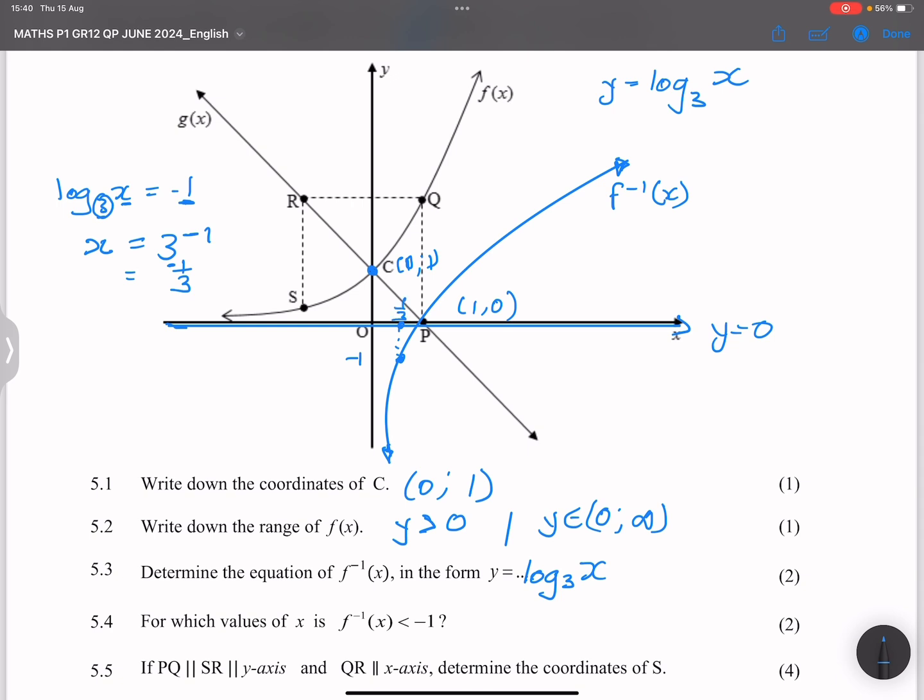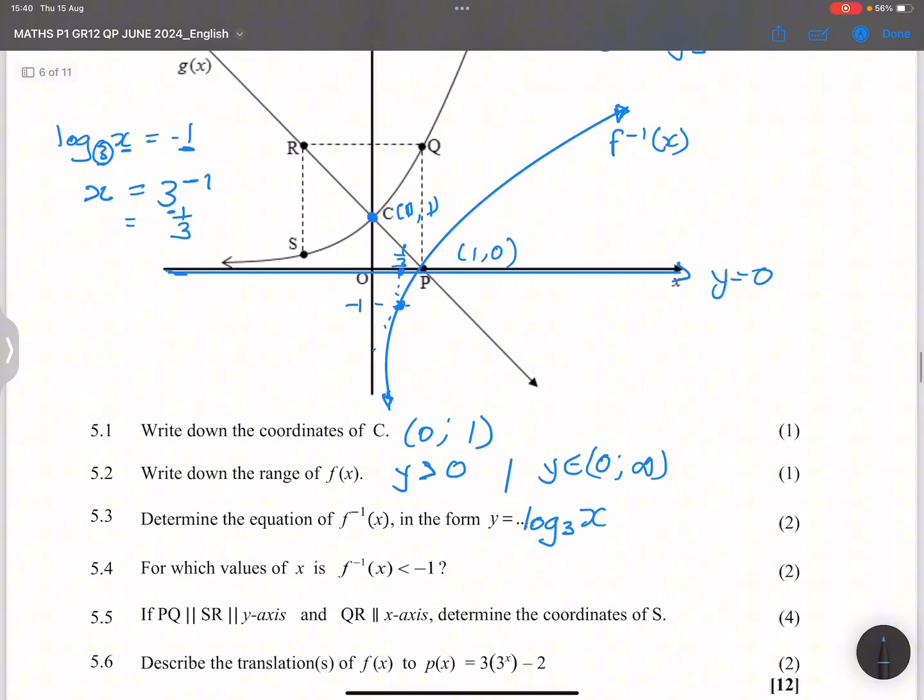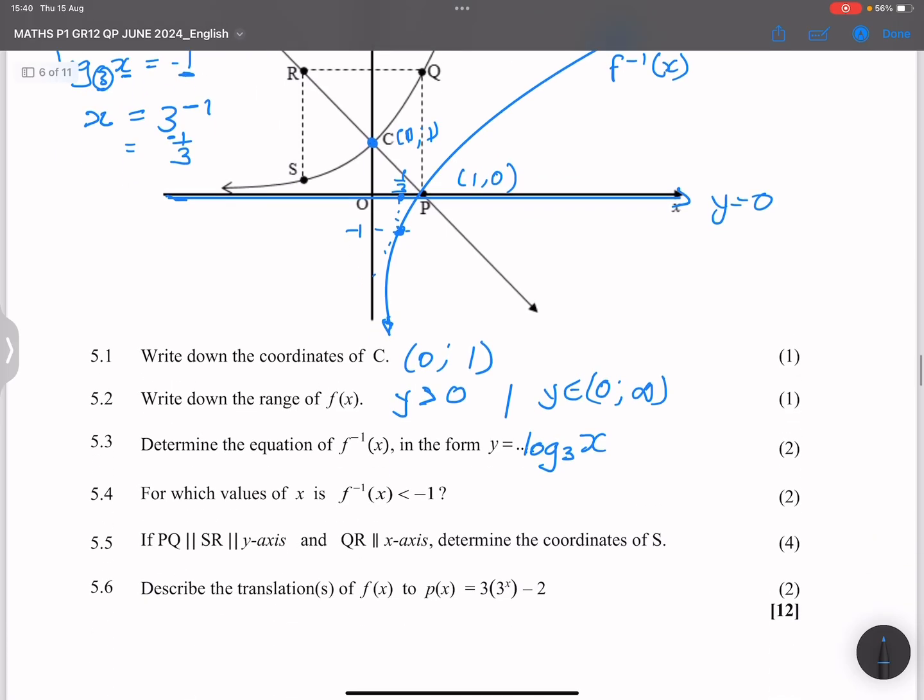That's what we found out. So where is it less than that? Where x is less than 1 over 3. But remember that x must be greater than 0. So this is for x greater than 0, but less than 1 over 3.